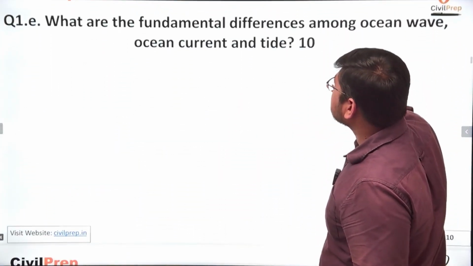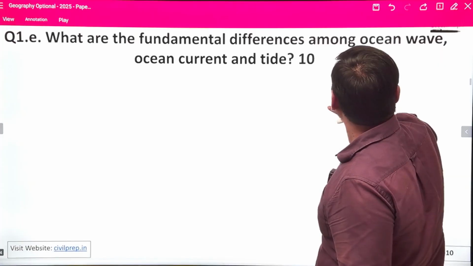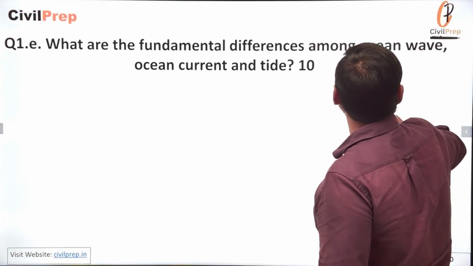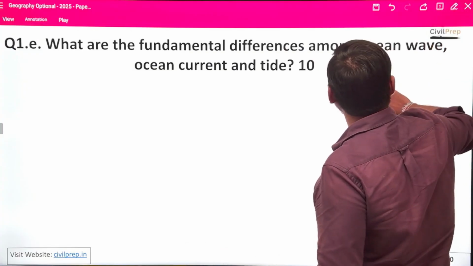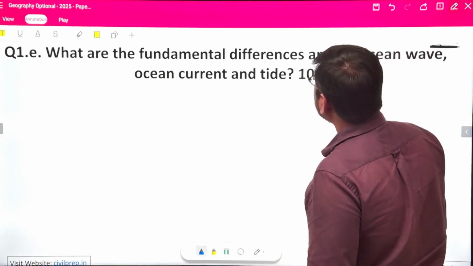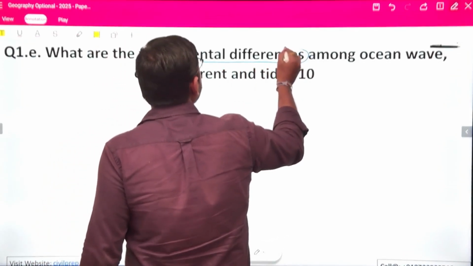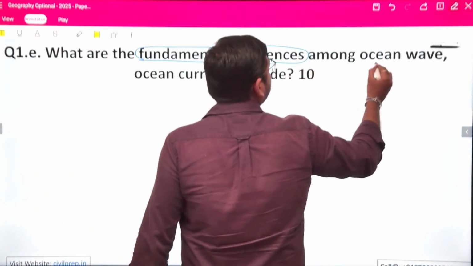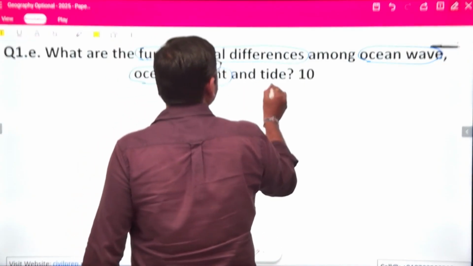Now moving to the next question, here we have, what are the fundamental differences among the ocean waves, ocean currents and ocean tides? Okay, so this is a very fundamental question which is asked here. This is a very basic question. The differences among ocean waves, ocean currents and ocean tides.